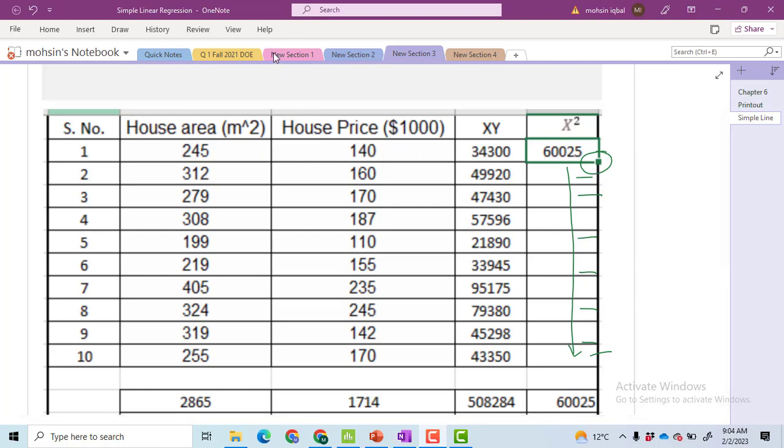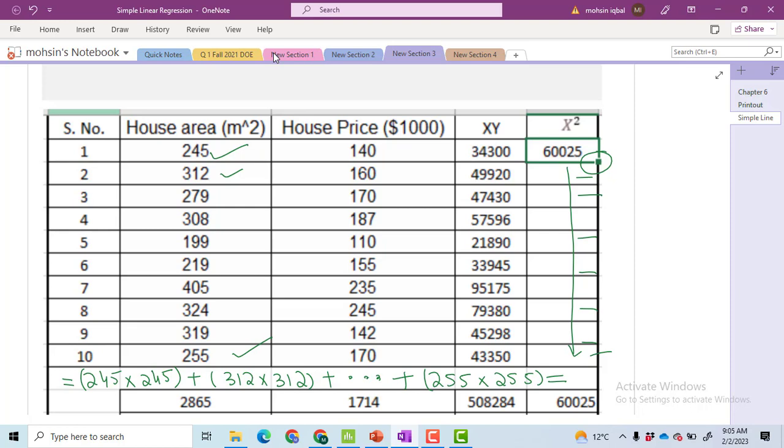However, if you want to do it manually in your quizzes, assignments and papers, write the first one, 245 multiply by 245, inserting brackets at the start and the end. Then write the second one, 312 multiply by 312, plus symbol, three dots, then plus symbol, then write the last value, 255 multiply by 255, then the equality symbol.